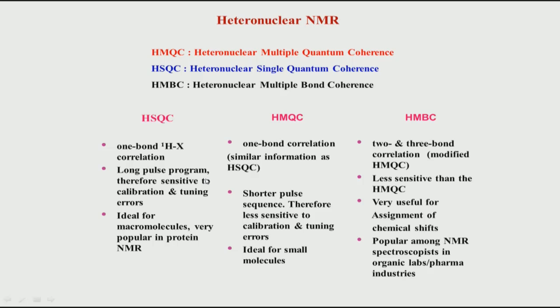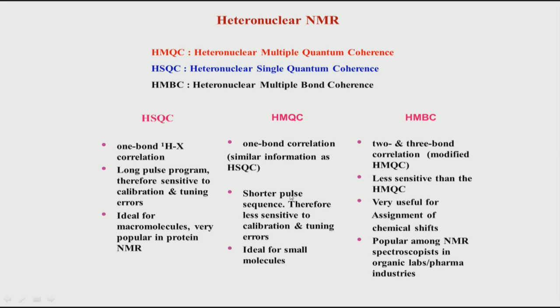Now, if HSQC and HMQC are similar experiments, then why do we do one over the other? The reason is that HSQC, as we will see, is a longer experiment. It does not mean it takes a long time to record. What it means is that the whole experiment to execute in the spectrometer, that is the pulse sequence, is longer compared to HMQC.